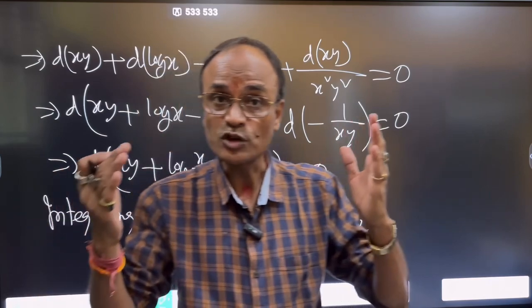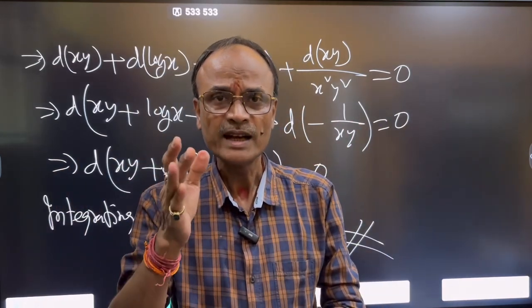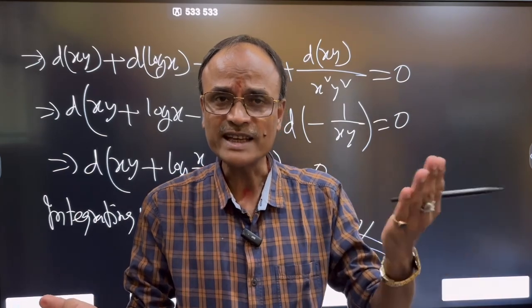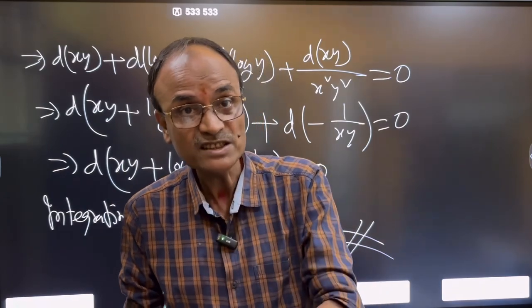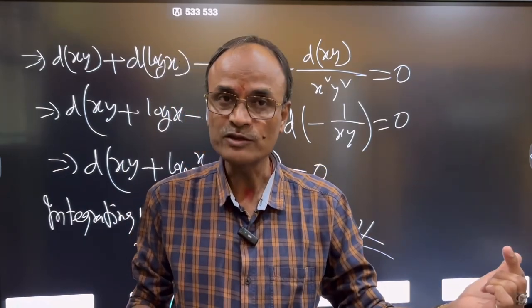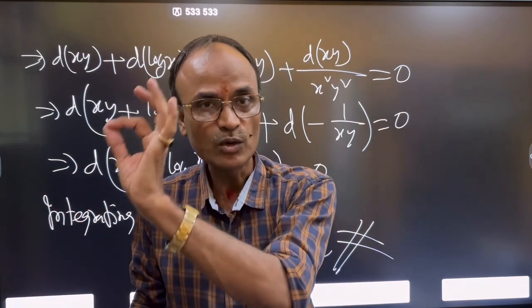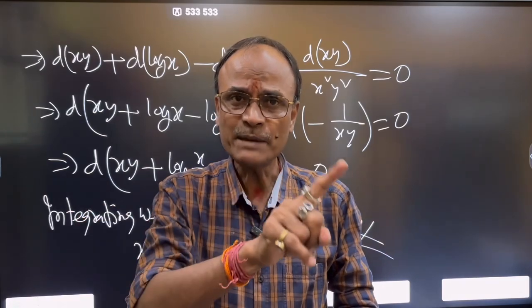Dear students, we have solved two problems today. The differential equation M dx plus N dy is not exact, but it can be expressed in the form a function of xy into y dx plus a function of xy x dy equal to 0. Now, find Mx minus Ny.